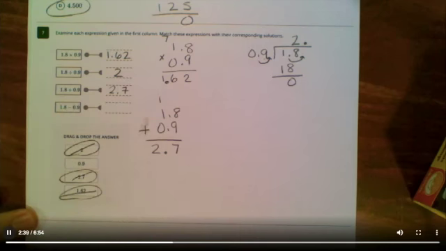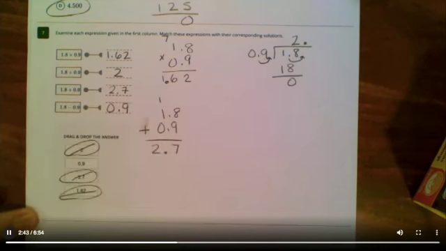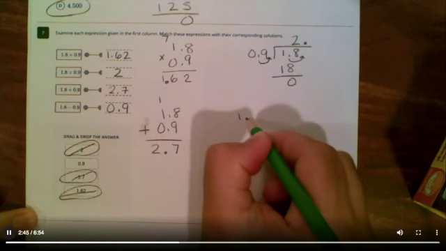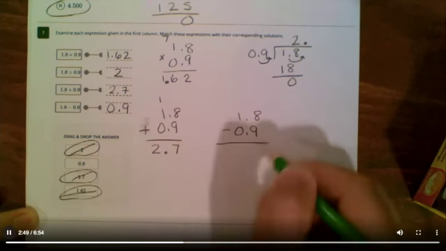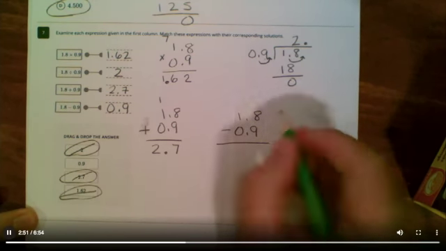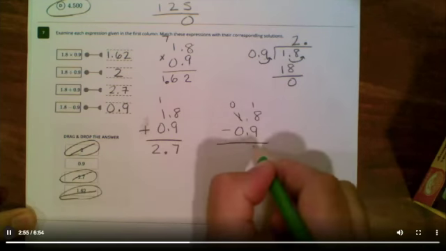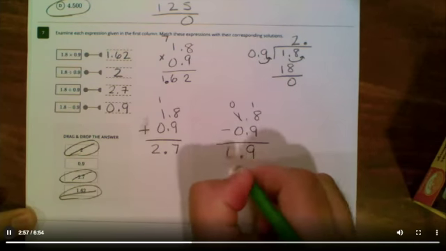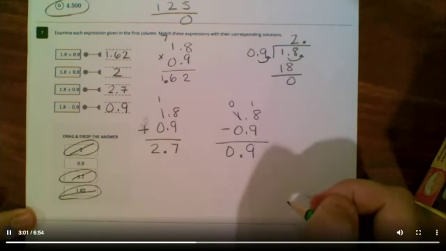And at this point, we know that 9/10 is going to go here because we've eliminated all of our other choices. But if we wanted to just be sure, we again would line up our place values. And we have 9/10 as our difference.